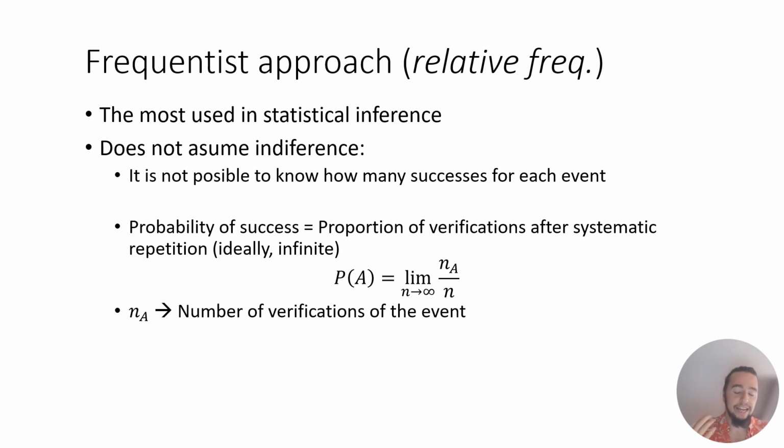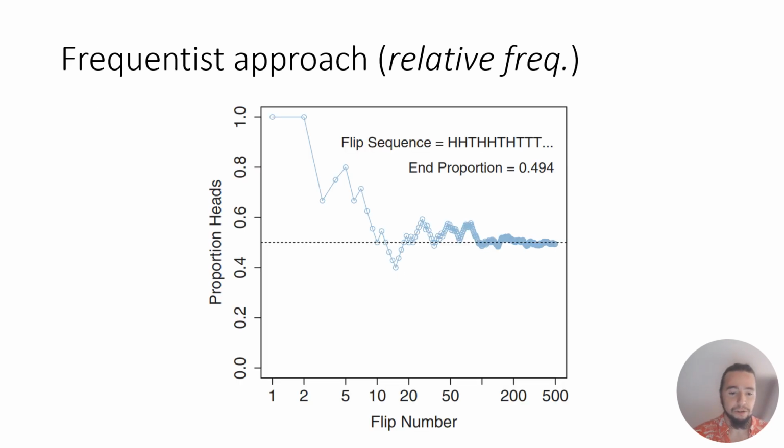Therefore, if we could reach an infinite number of repetitions, this relative frequency would be 100% sure, but as we cannot get to infinity, we are always going to be in an approximation. This is a visual representation. I think it is very intuitive.